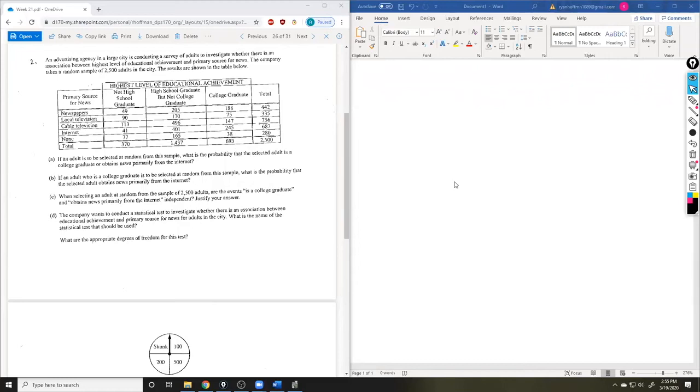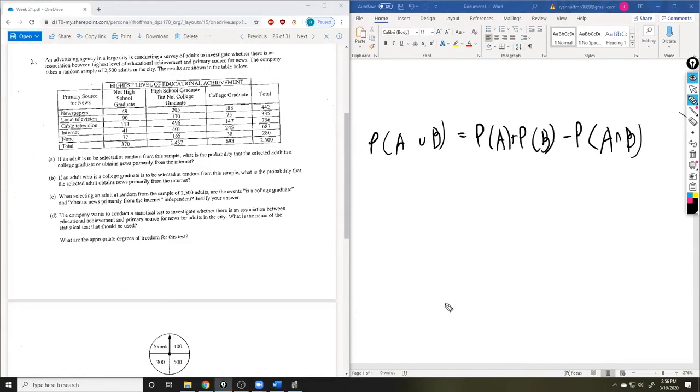Yes, absolutely, 0.552 would be, remember the probability, all the way back to probability, that's a general formula for an OR probability. Probability of A or B is probability of A plus probability of B minus probability of both.